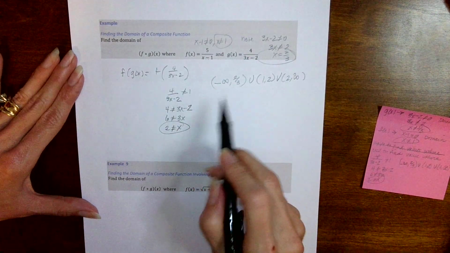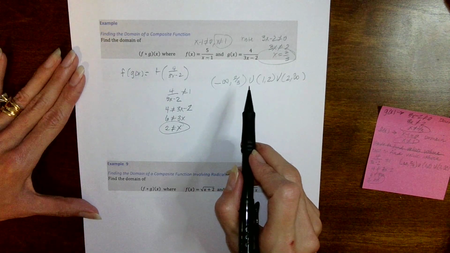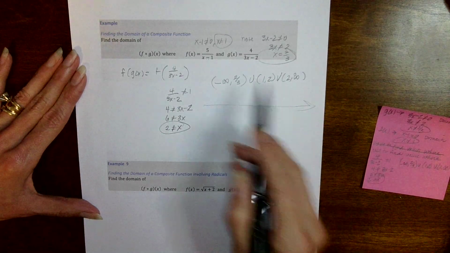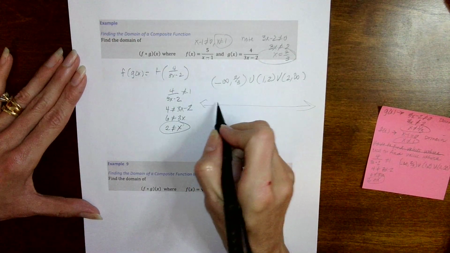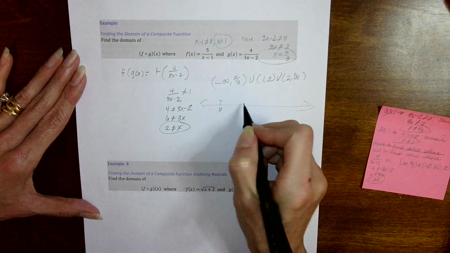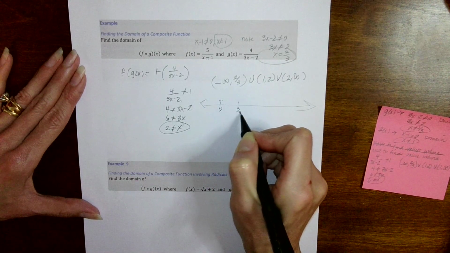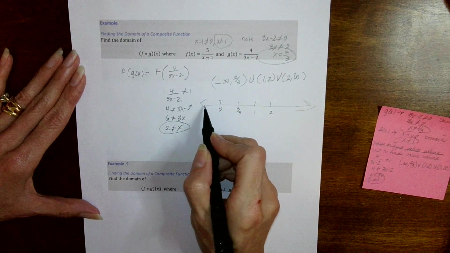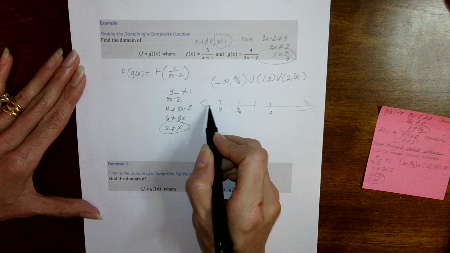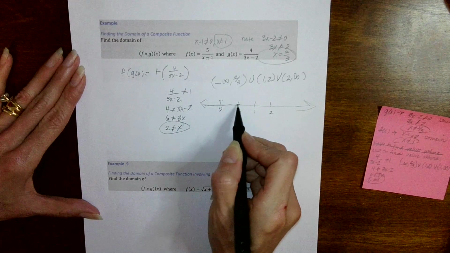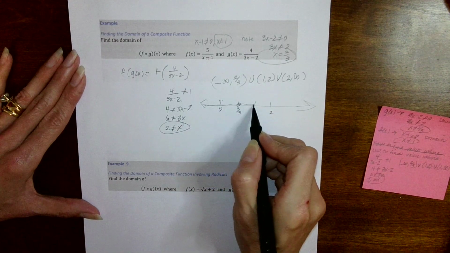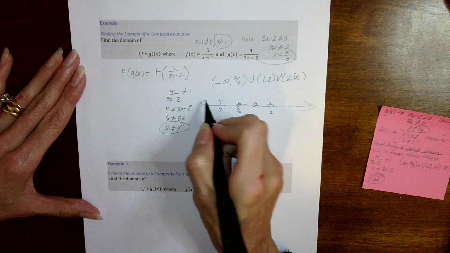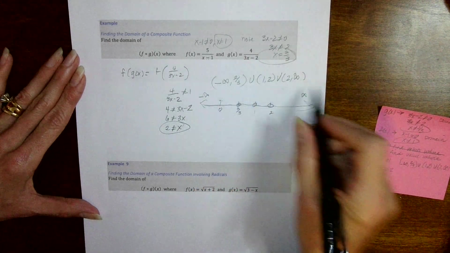And if this is hard to do in your head, then you can always draw a number line and say, okay, I have 0, 2/3, 1, 2, and then say, okay, well, I can have everything up to 2/3, but I can't have it, and everything up to 1, but I can't have it, and everything up to 2, and I have that, and then that will help you write this here.